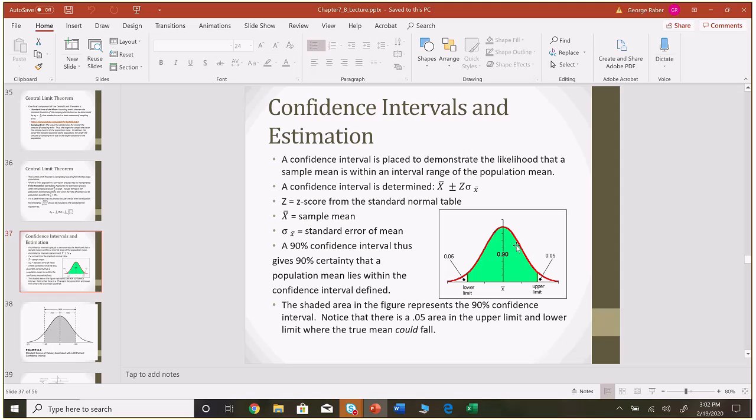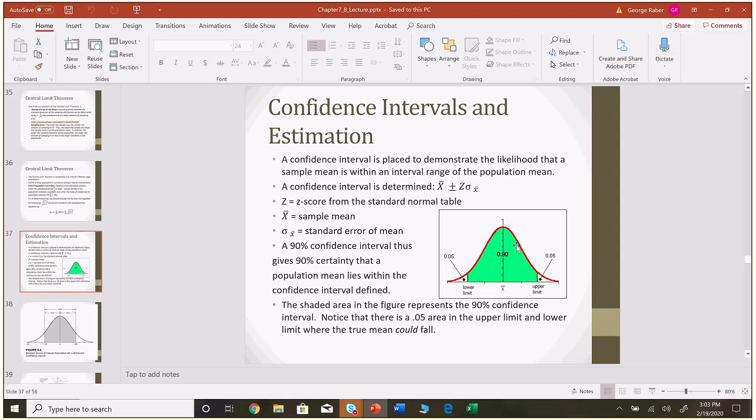So what we need to do is find that on the table. And remember, I'm talking about the table on 303. Those are areas that are listed inside the table. So if we find the value that's closest to 0.45, it's kind of in the middle of the table. If I go out on the z, I see that it's 1.6.